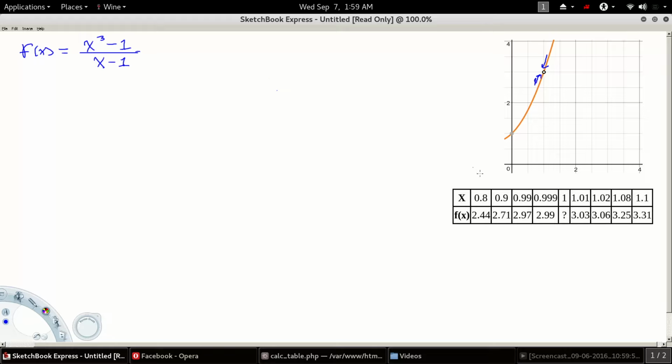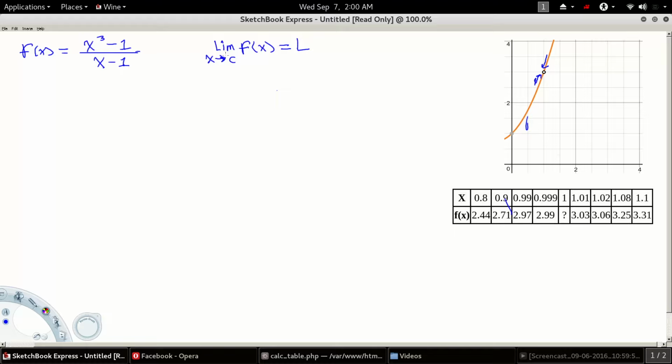So now take what I said before, that as x goes to 1, then f of x goes to 3. Now we can say that, informally, the limit of f of x as x approaches c from either side, left or right, is equal to L. That's what this arrow is.